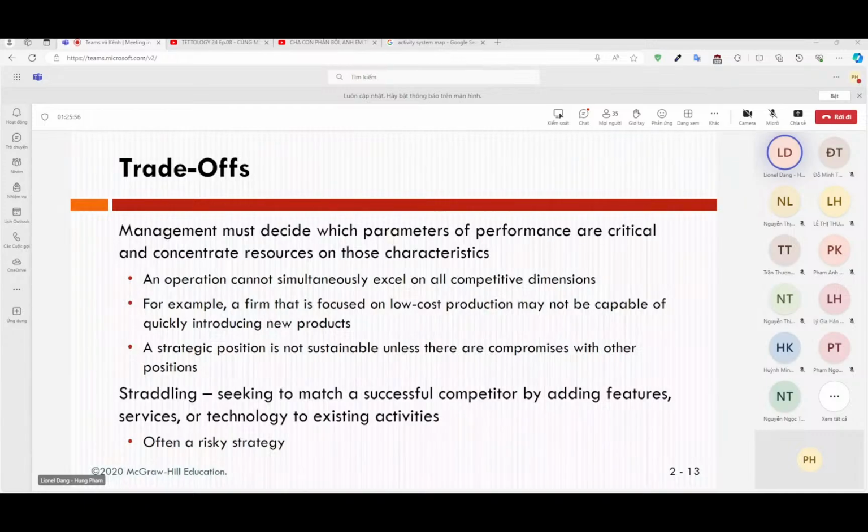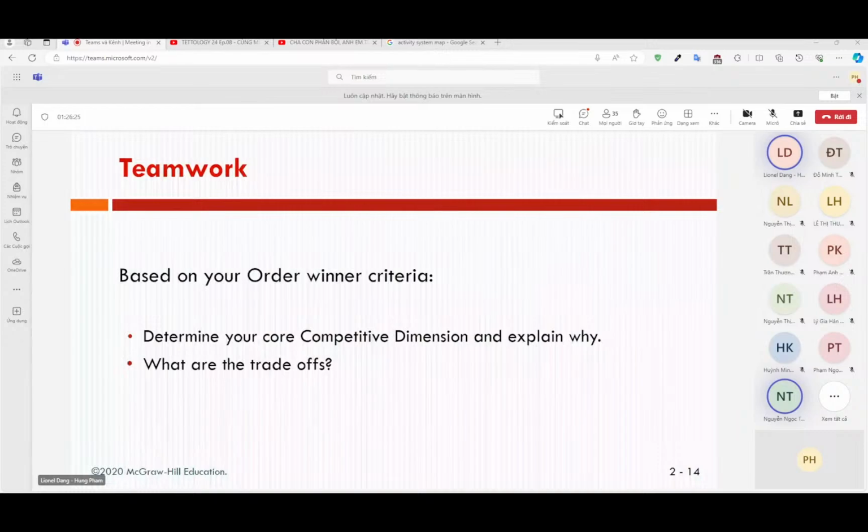They say, why don't we sell to those people, because they have a lot of money and can buy our product. And we will do a straddling, meaning that we will add some features into our product or services in order to target those old and wealthy people. That can be a straddling, but that can be risky, right? Yes. Okay, let's move on.